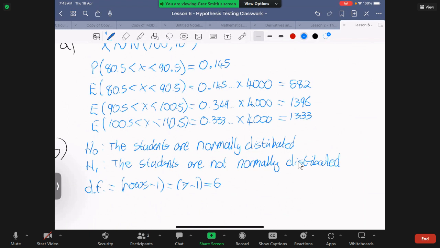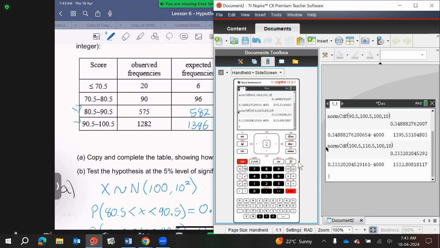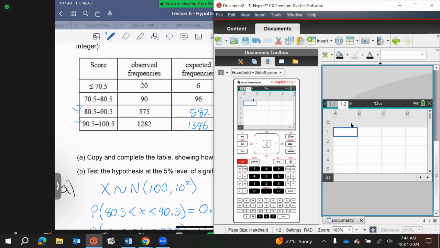All right, let's do the test. We need to add a list page. So I've got my observed and my expected.